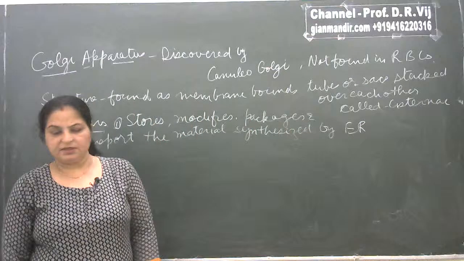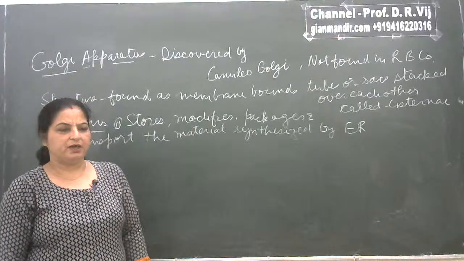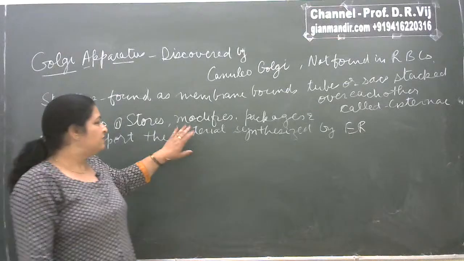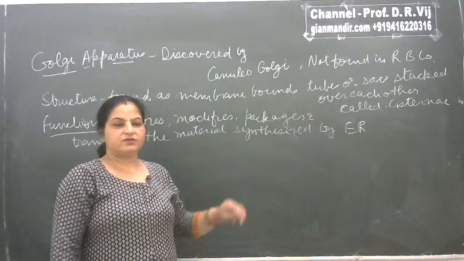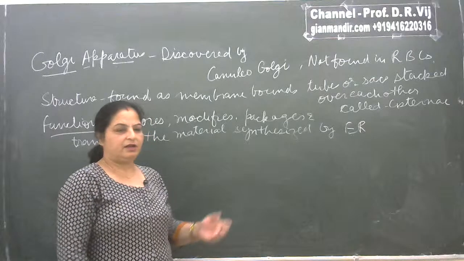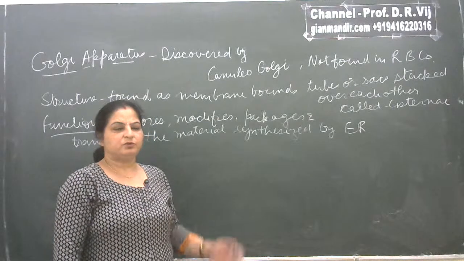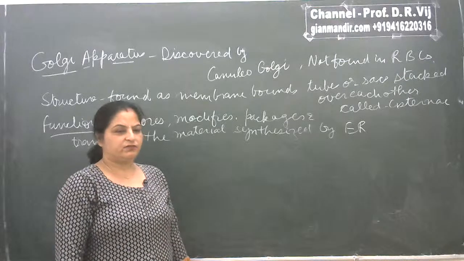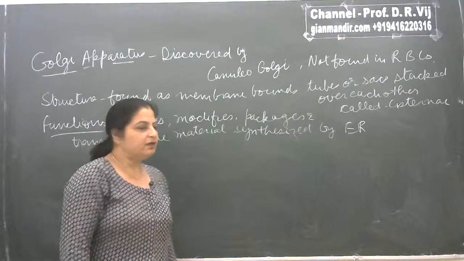So all the lipids and proteins which are synthesized by endoplasmic reticulum are stored in Golgi apparatus, and depending upon requirement they are modified. If any change is required there, they are packaged and transported to the various parts of the cell whenever they are required.